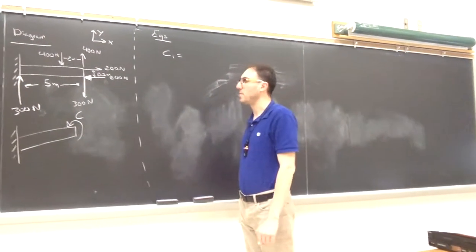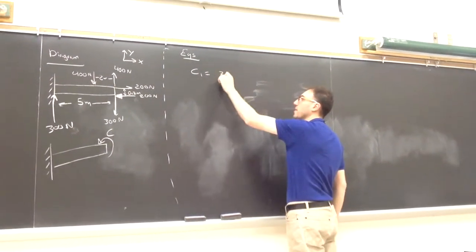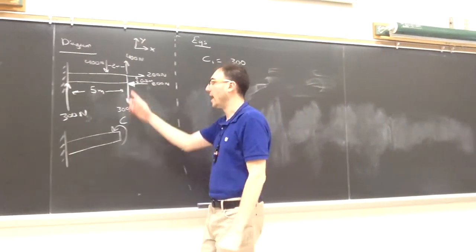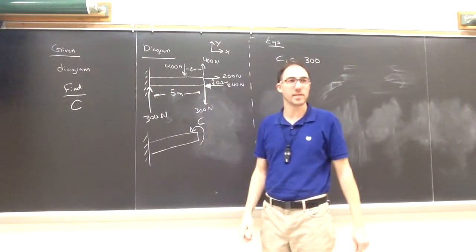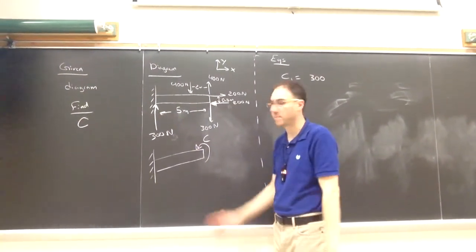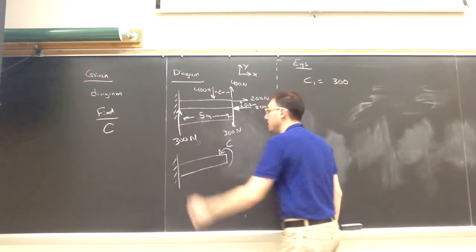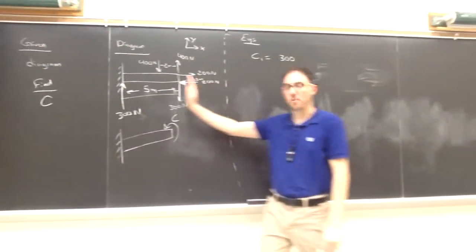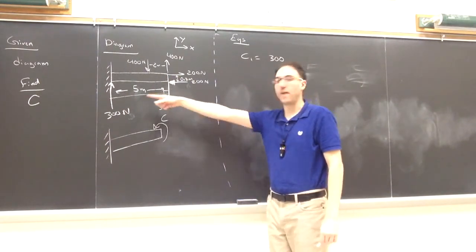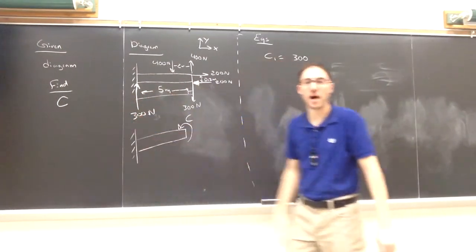So the equivalent couple to these acting is going to be the magnitude of the force, which is 300, and we multiply that by the perpendicular distance between these 2 forces. Now this one is set up nicely for us because they're in the y direction, so their perpendicular distance is going to be how far apart in the x direction they're located. So in this case, they're 5 meters apart. Their perpendicular distance is 5 meters.